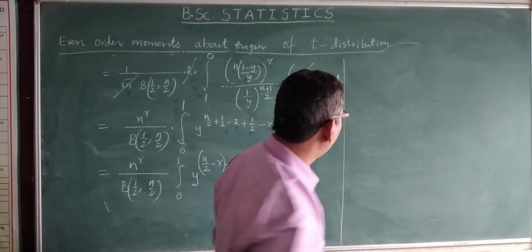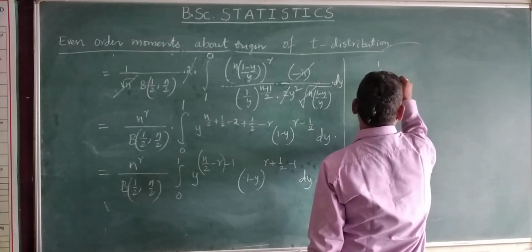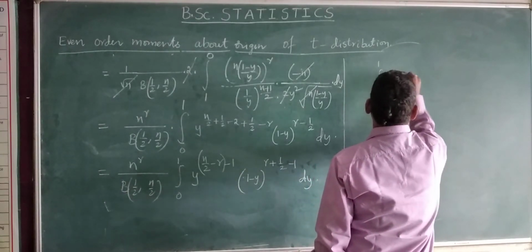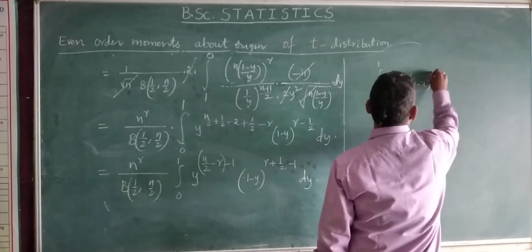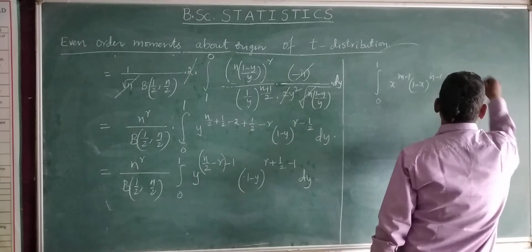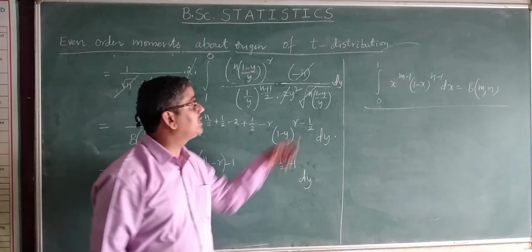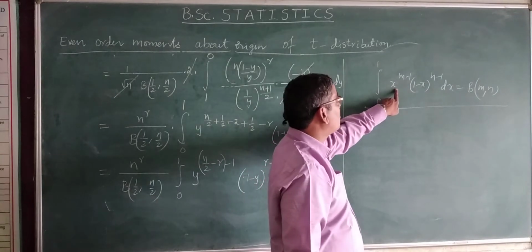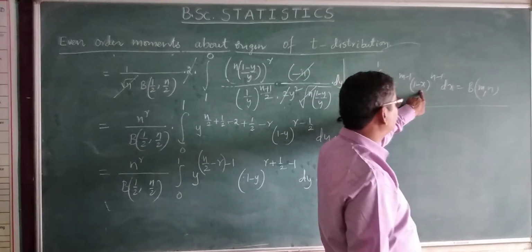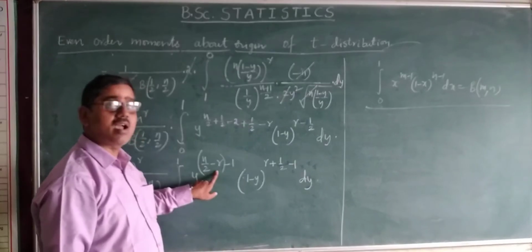Integral 0 to 1 of x power m minus 1 into 1 minus x whole power n minus 1 dx is equal to beta of m comma n. This is the formula for the beta integral of the first kind. Limits must be between 0 to 1: x power m minus 1, 1 minus x whole power n minus 1 dx equal to beta of m, n. You see the same formula here: x power m minus 1.